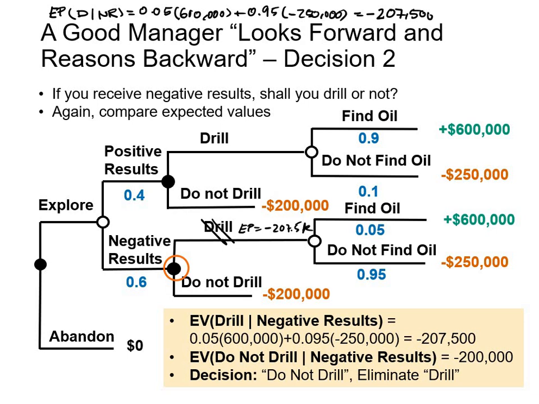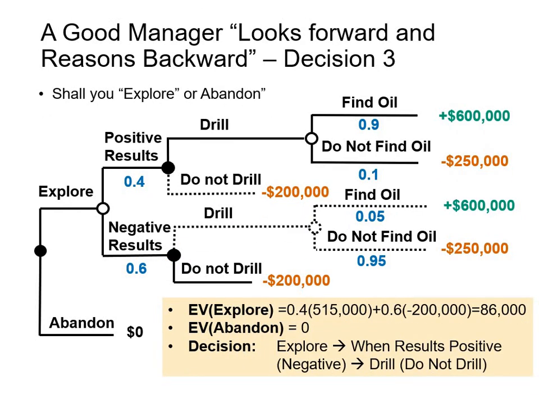Okay, so let's move to the final decision in this example. So, shall you explore or abandon? And you can see that I have already marked the eliminated decisions, which is do not drill after a positive result and drill after a negative result. They are eliminated, so we don't have to worry about these.